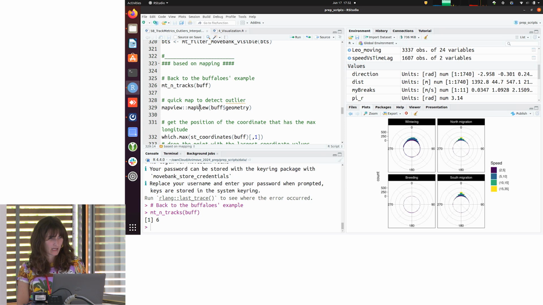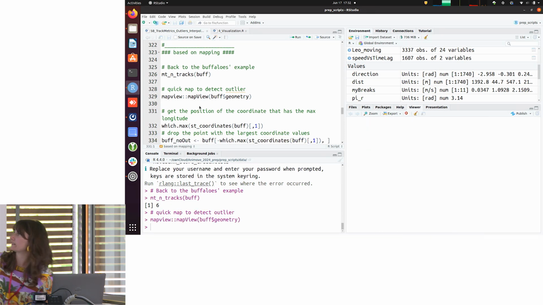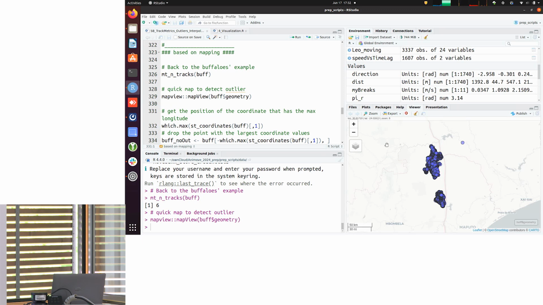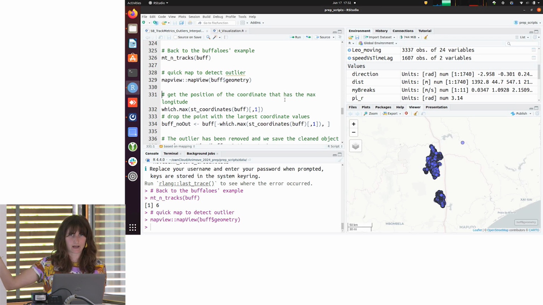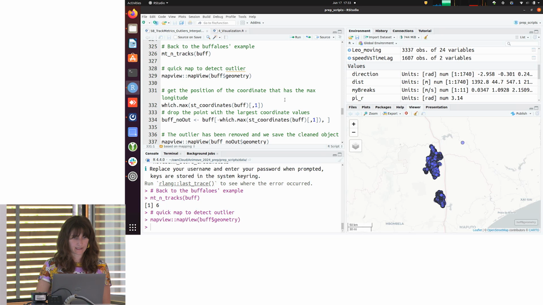If we map our buffaloes, you see that there is this point over here. In this case, it's very easy because this point is out of all the other points, so it's pretty easy to get its coordinates.